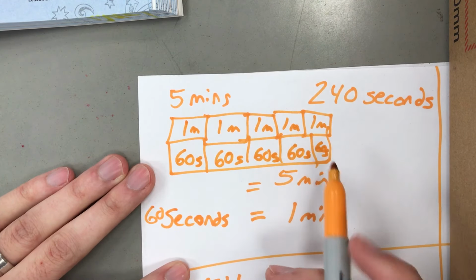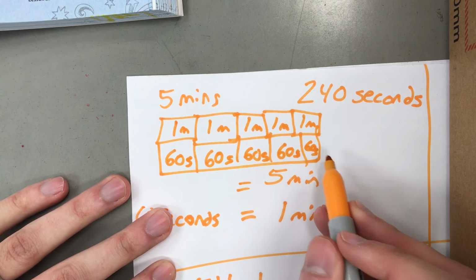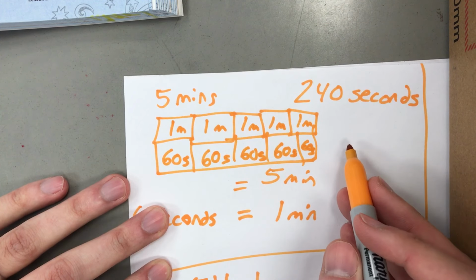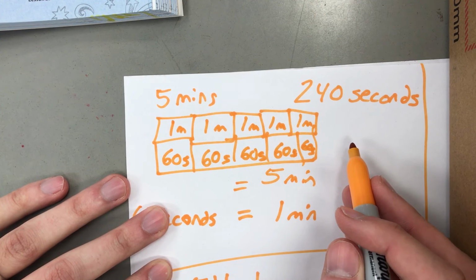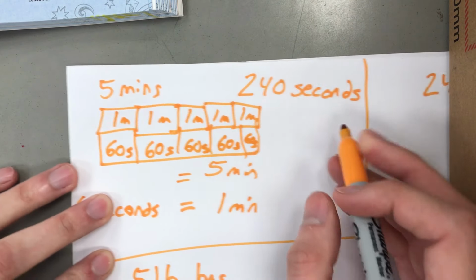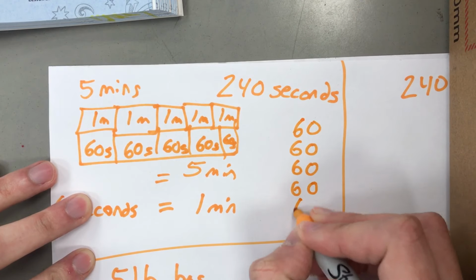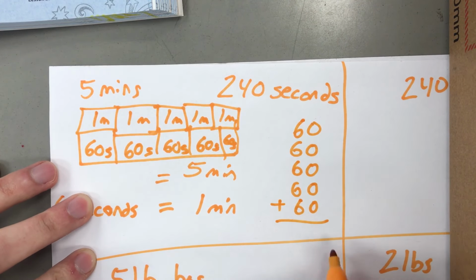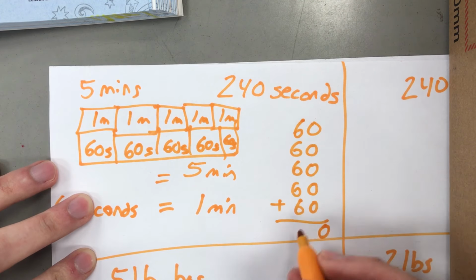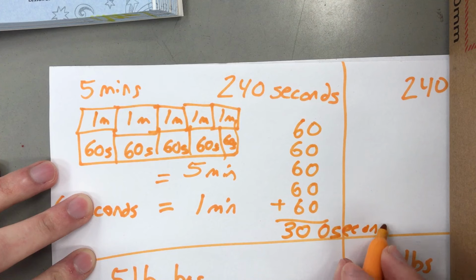Well, I can just add these together. 60 plus 60 plus 60 plus 60 plus 60 is going to give me what? All zeros, 6, 12, 18, 24, 30, 300 seconds.